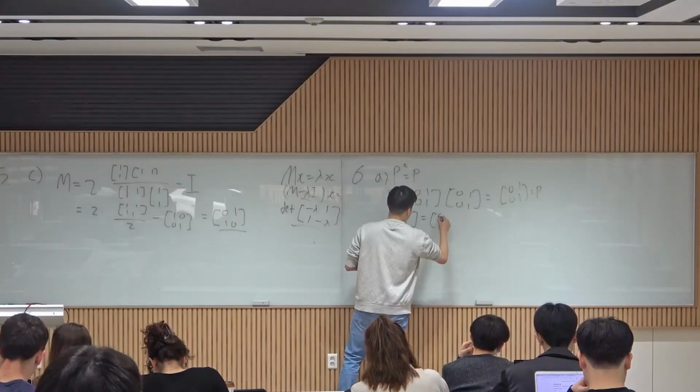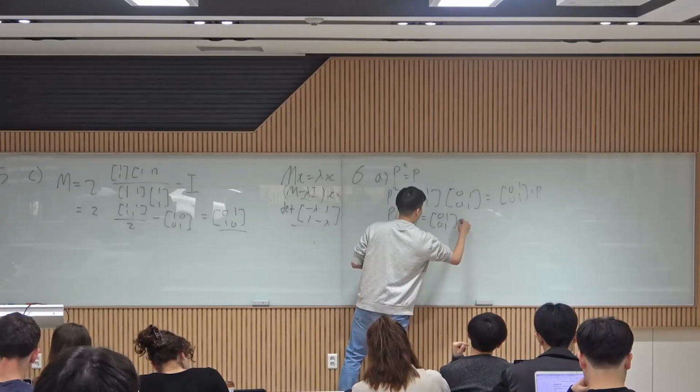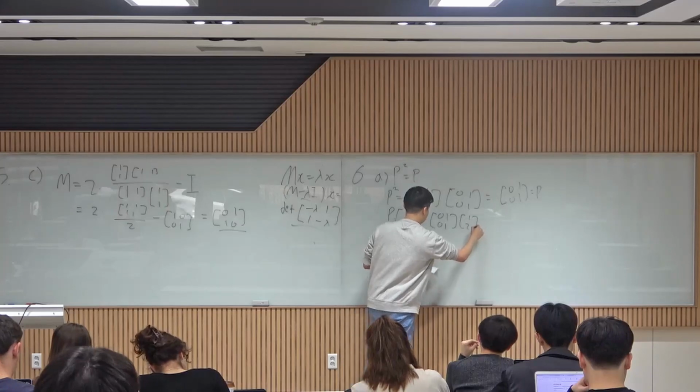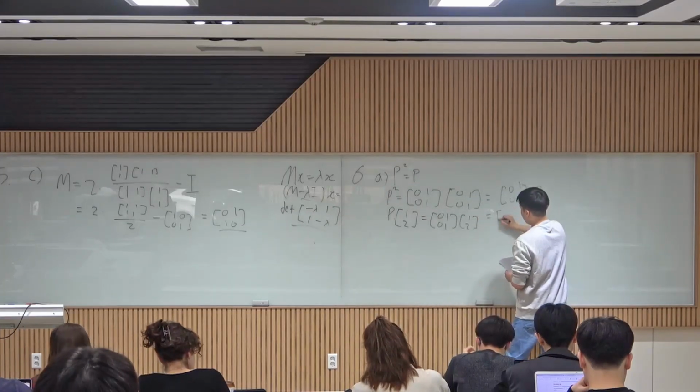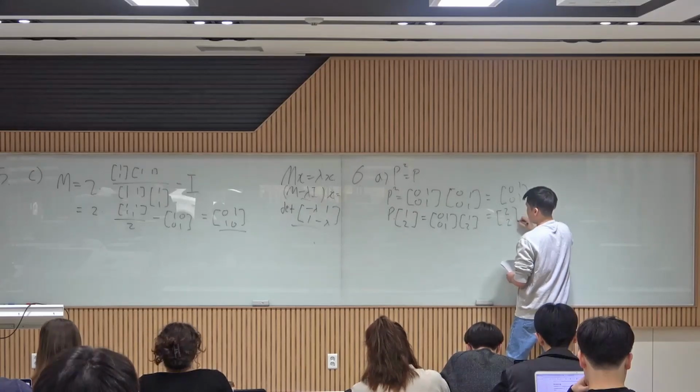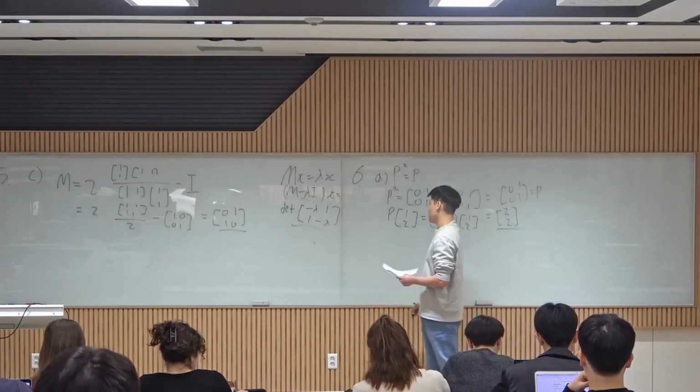And this gives us [0, 1; 0, 1] times (1, 2), which gives us the (2, 2) vector, okay?